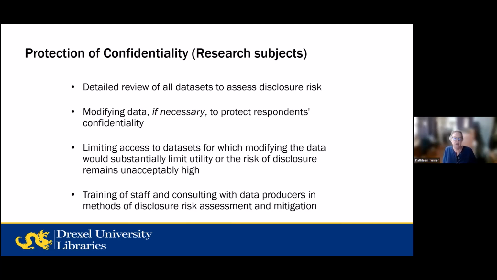It might also include limiting access to data sets for which modifying the data would substantially limit the utility, or for which the risk of disclosure remains unacceptably high. It also includes training of staff and consulting with data producers in methods of risk assessment and mitigation for disclosure of potentially identifiable information.